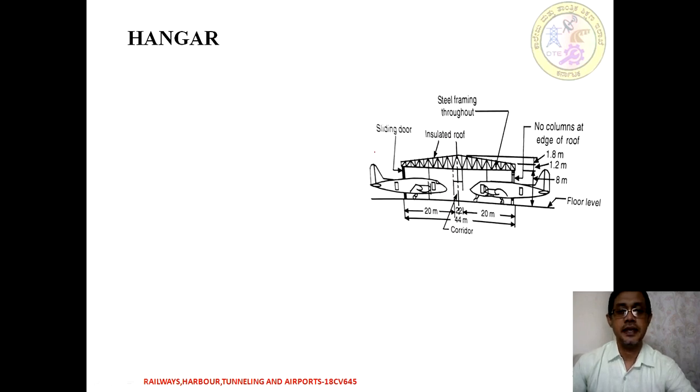This is the image of the nose type. The critical portion is the nose, and some wings are sheltered inside. That type of hangar is called a nose type.